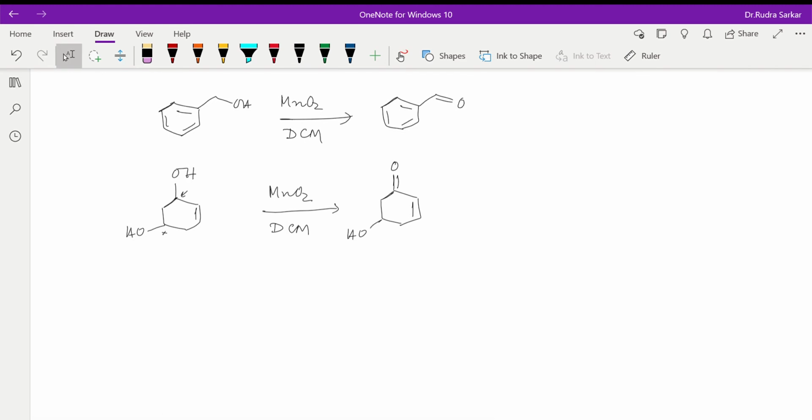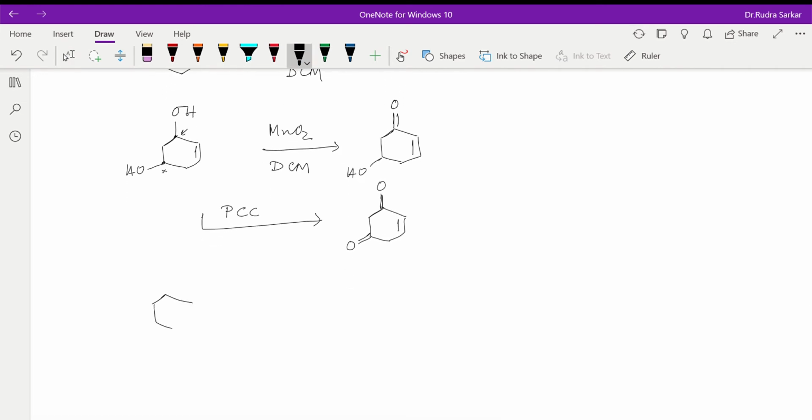Okay. Now, the same molecule, if you're using PCC, please understand, this is also a secondary alcohol, this is also a secondary alcohol. So secondary alcohols are oxidized by PCC to give you ketones.